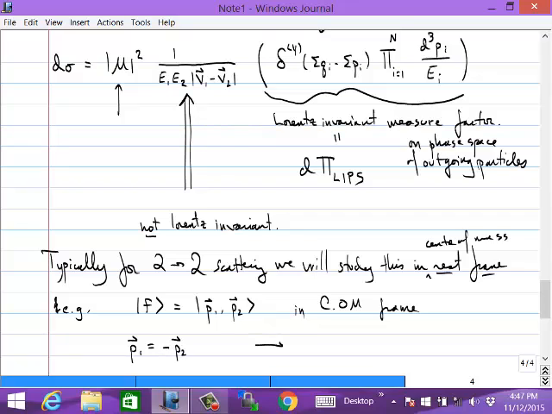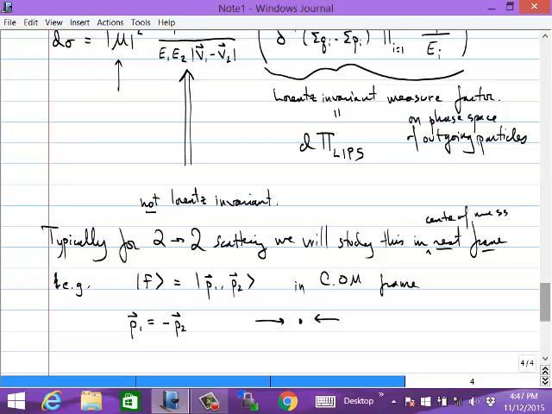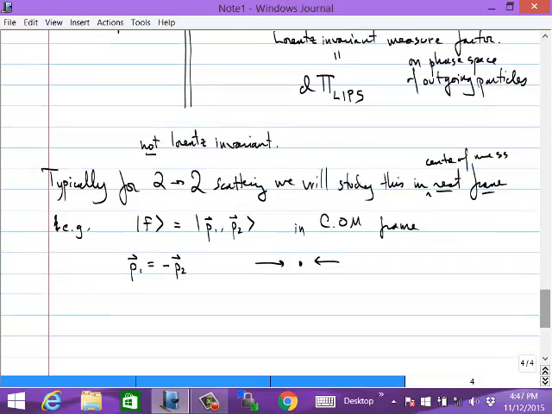So the particles are coming in to scatter at equal and opposite velocities, and similarly, the initial state, what we called Q1 and Q2, will have equal and opposite velocities.